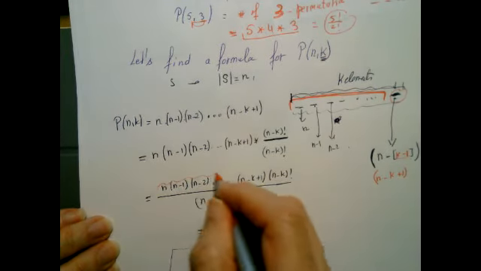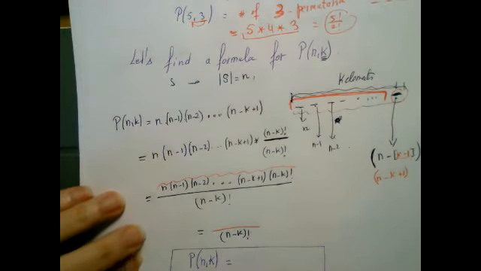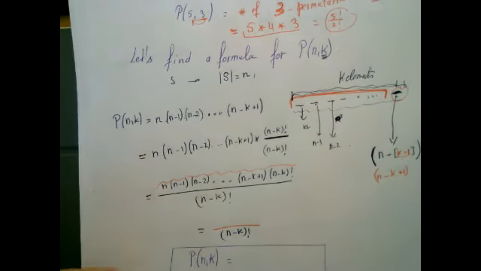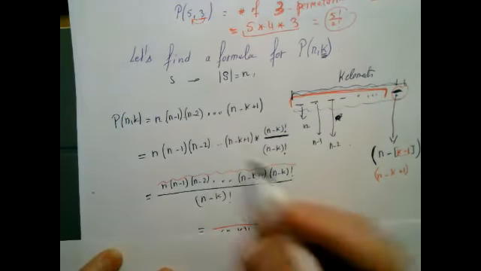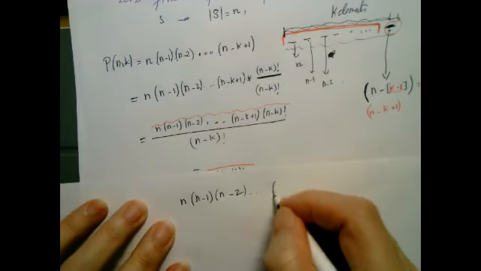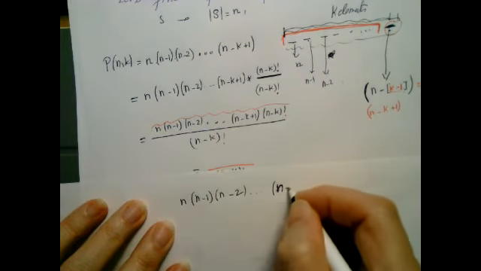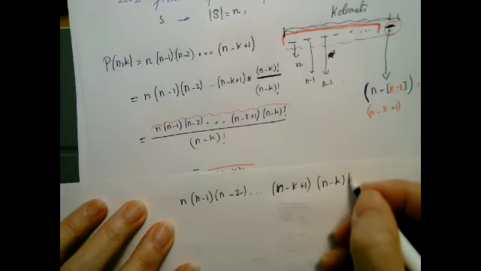Look at the numerator. Let us remember a little bit our factorial. If I take n times n minus 1 times n minus 2, etc., n minus k plus 1 times n minus k factorial.